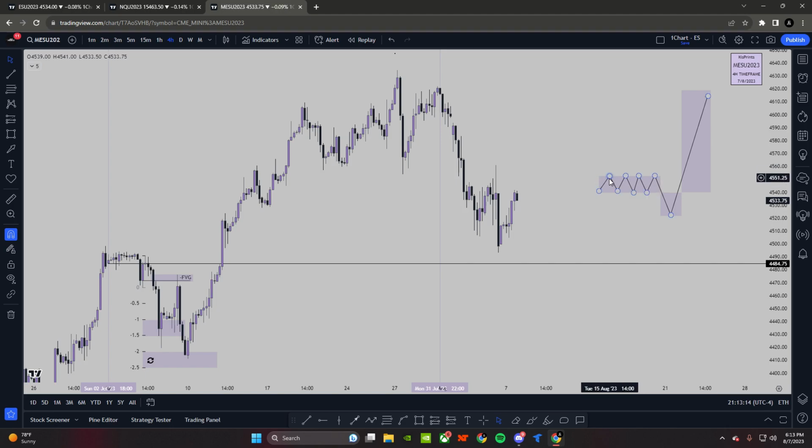So remember, going back to our scale model here, we have accumulation right here, manipulation right here, and distribution. This is the leg where you want to be part of. You can actually make a decent amount of money just catching the Judas, which is what a lot of people do.